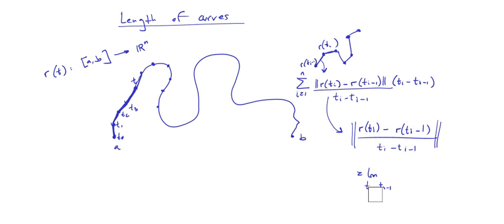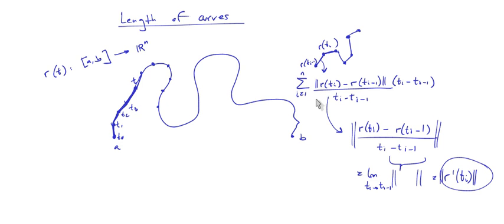Don't worry too much about that. The limit of this thing is the norm of the derivative of r at ti. That's what is going to happen.